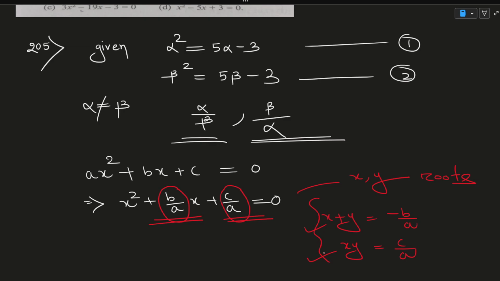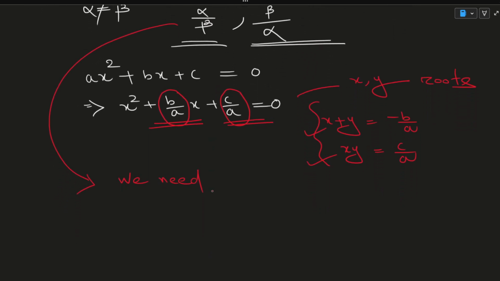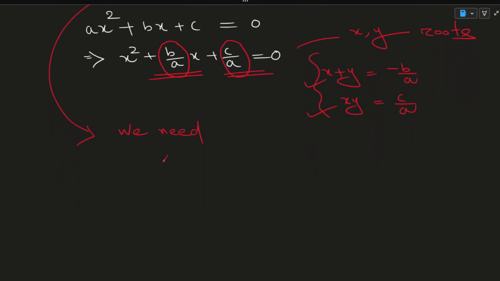So for alpha by beta and beta by alpha being the two roots of a quadratic equation, we need alpha by beta plus beta by alpha, that is the sum of the two roots.